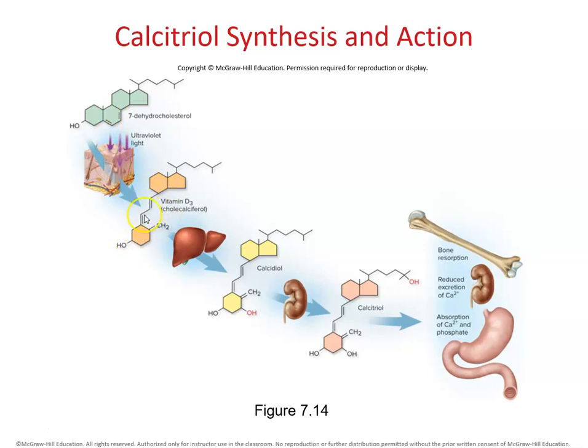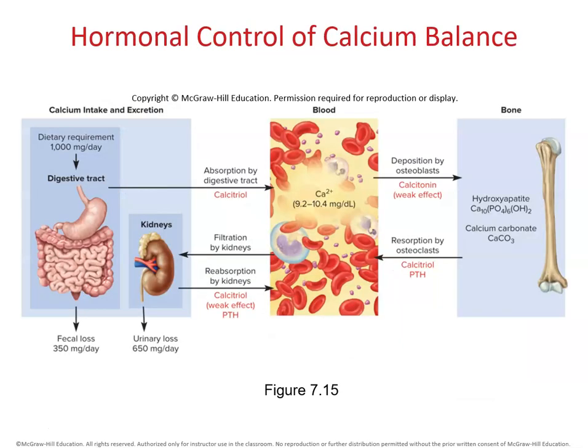This is vitamin D3, which is a precursor to the vitamin D that we use. Then in the liver, we have a hydroxyl group added, and in the kidney, we have a hydroxyl group added.